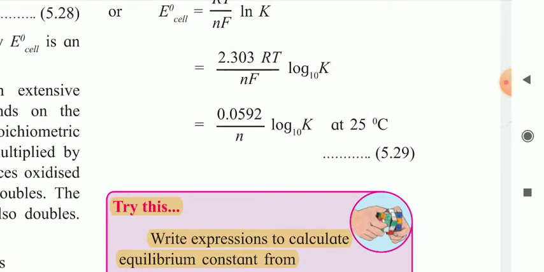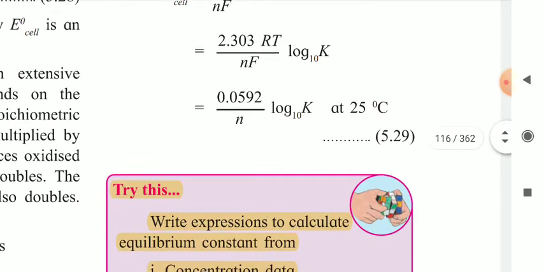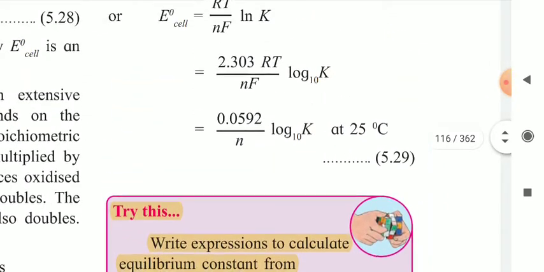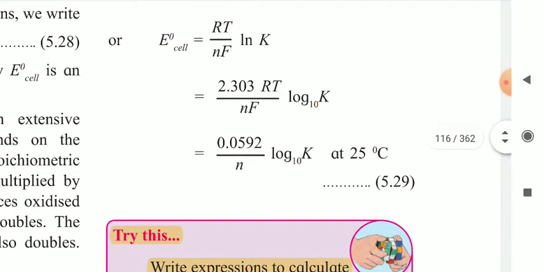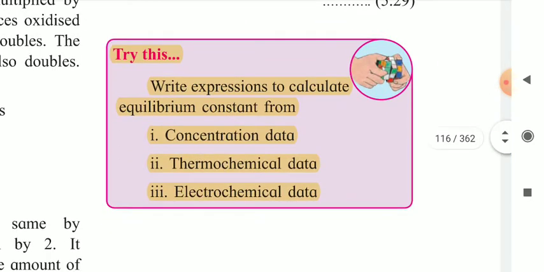Now students, this is the standard EMF of the cell and the formula to calculate the E0 cell. If we know the value of K, or by knowing the value of E0 cell, we can calculate the value of K, that is the equilibrium constant.